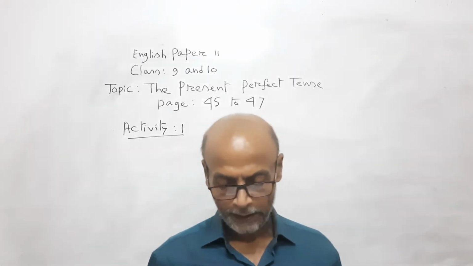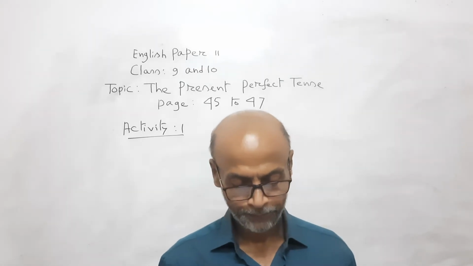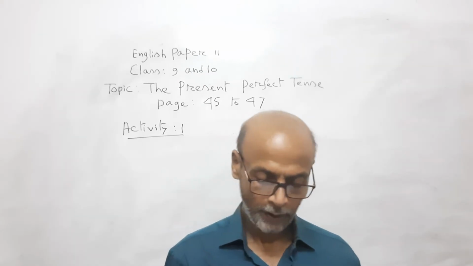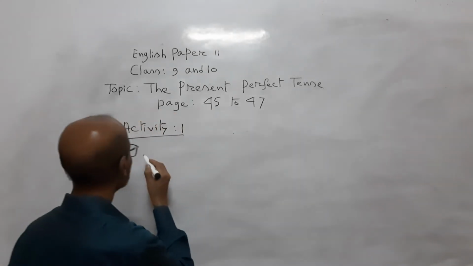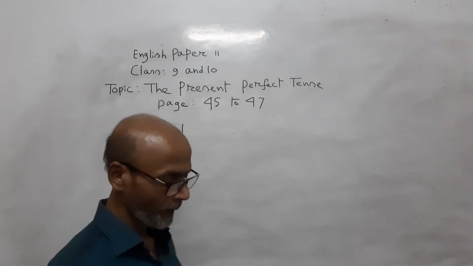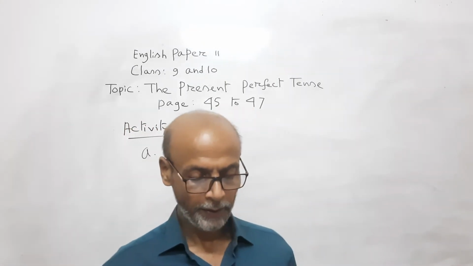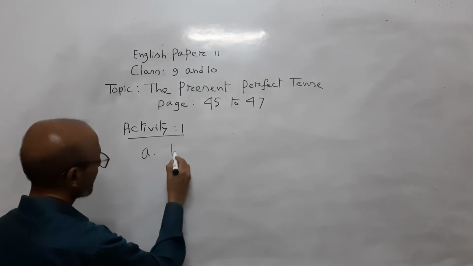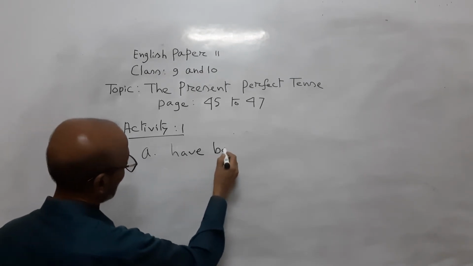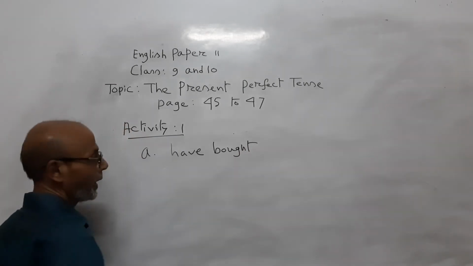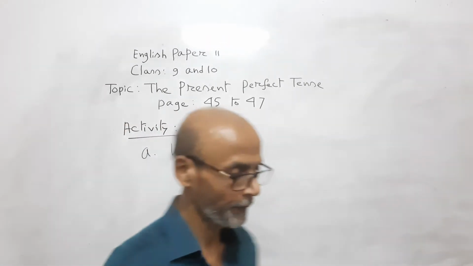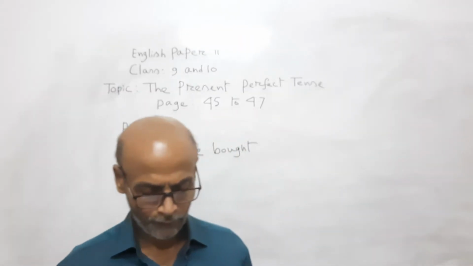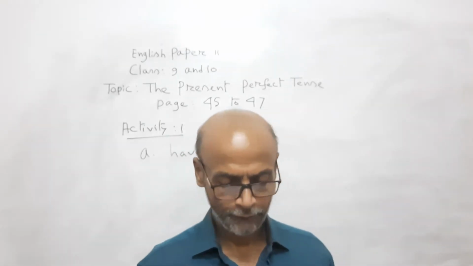Read the following dialogues and put the right form, simple present or present perfect, of the words in the brackets in the blanks. Look, I dash buy the latest novel of Celine Hausen for you. The answer: you know that buy, bought. This is the first participle form. I have bought the latest novel of Celine Hausen for you.